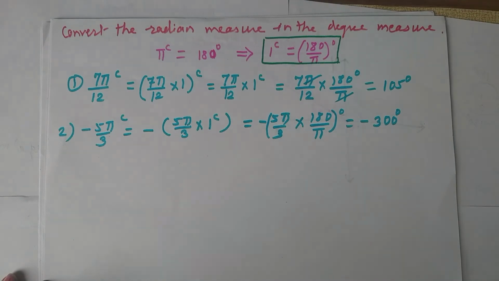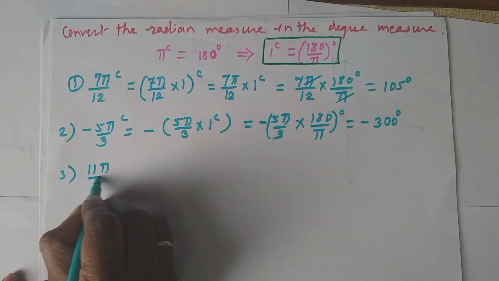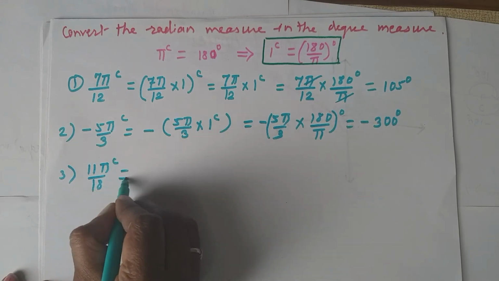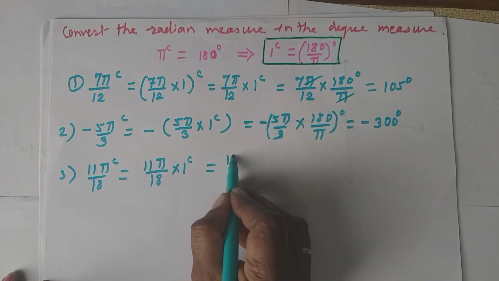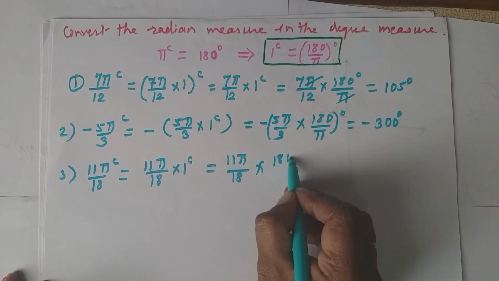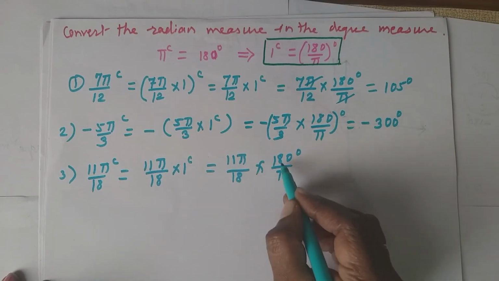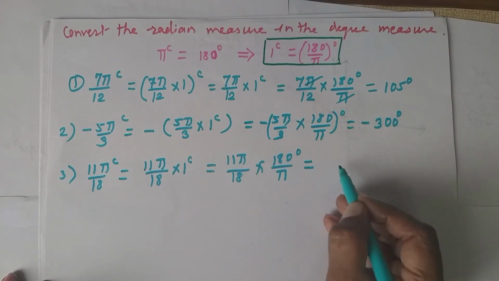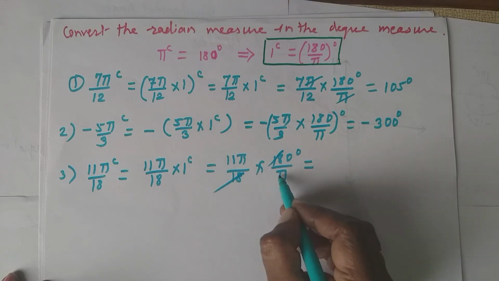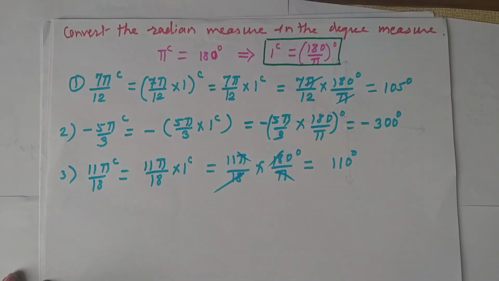See more examples. Suppose 11 pi by 18 radians is given. The value of 1 radian I will keep as 180 divided by pi, and do the simplification. Pi will get cancelled. This is nothing but 110 degree.